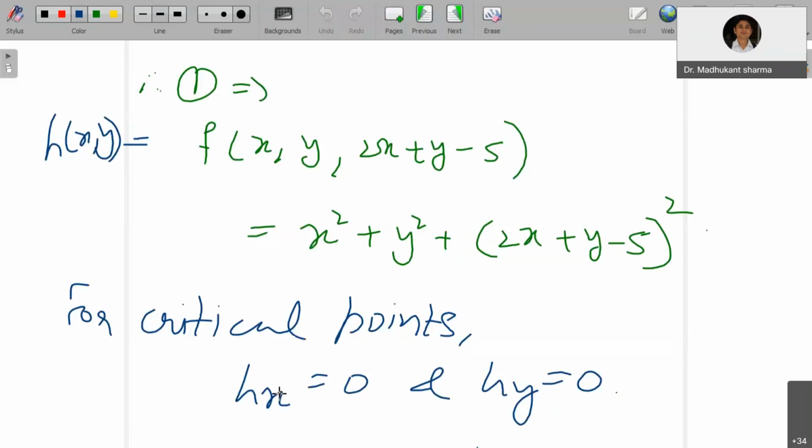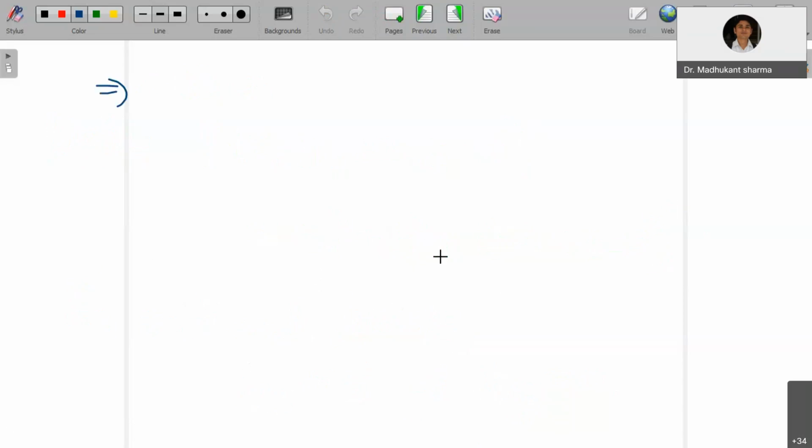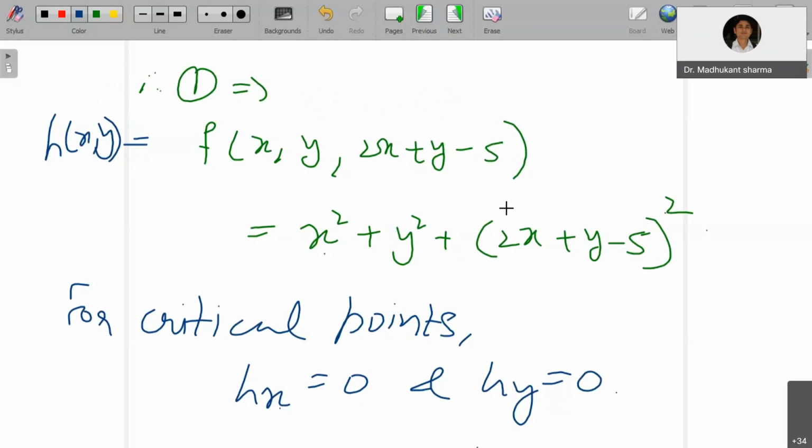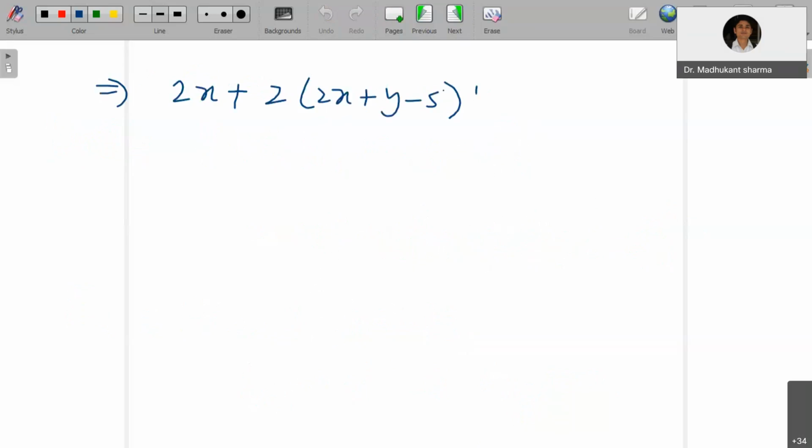So what is hx? The first order partial derivative with respect to x is 2x plus 2 times (2x plus y minus 5) times the coefficient of x, that is 2, equals 0.